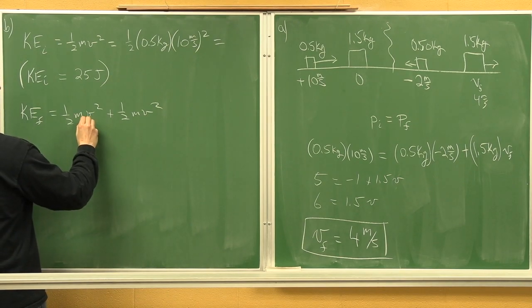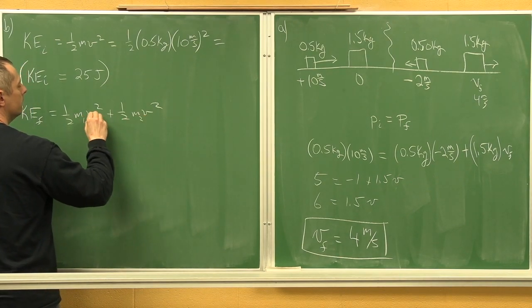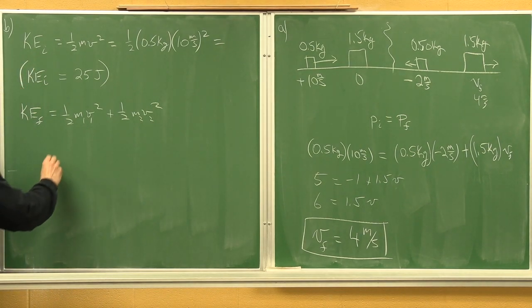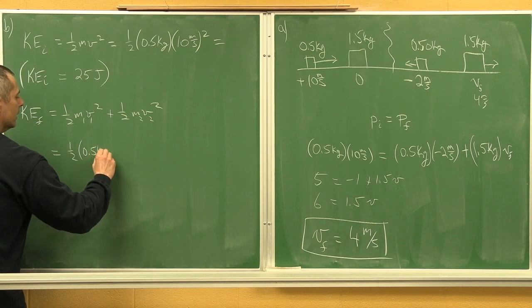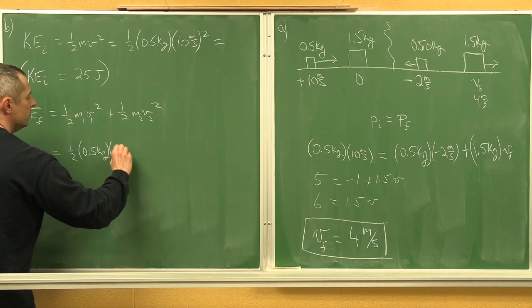Maybe we'll say this is the 1 and 2, right? And so 1/2, 0.5 kilograms times 2 meters per second.